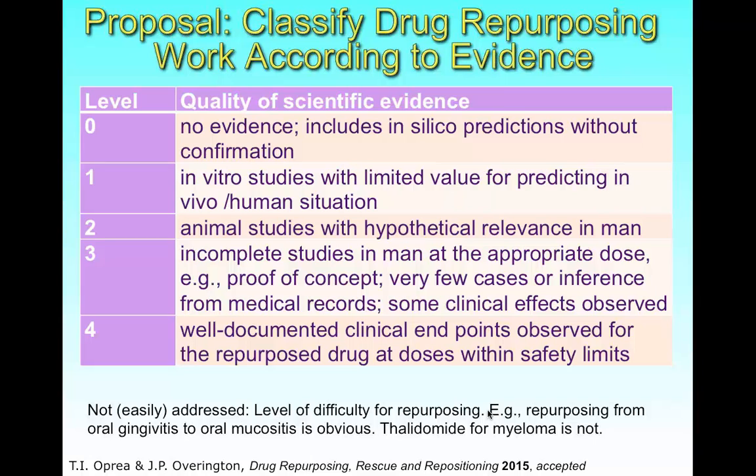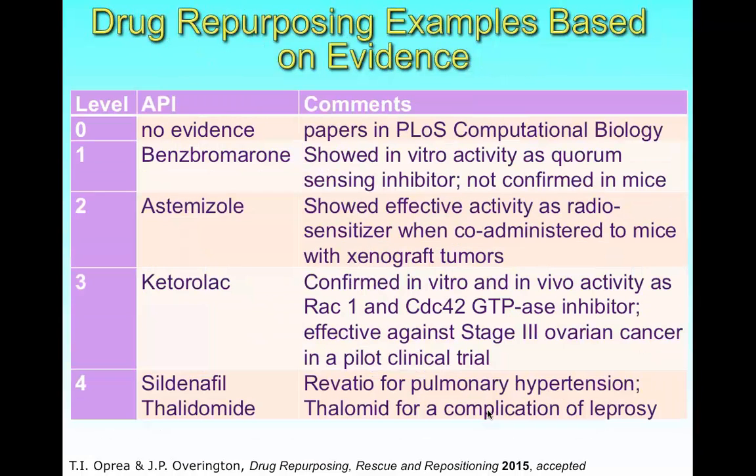Just to give you some examples from our own group, we studied benzbromarone, a drug used for gout, and it really showed promise. In vitro, it's a wonderful blocker of the receptor for quorum sensing in Staph aureus, but it doesn't work in vivo.